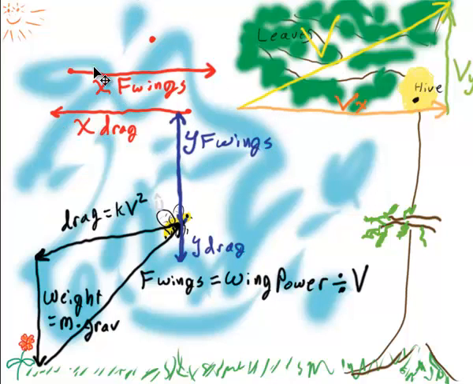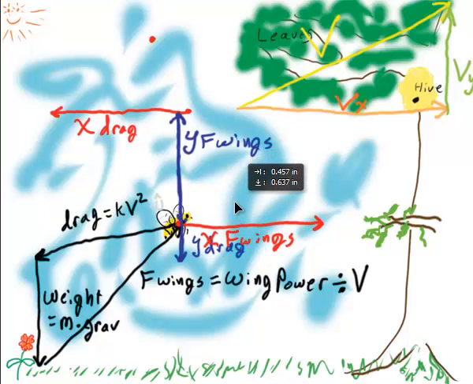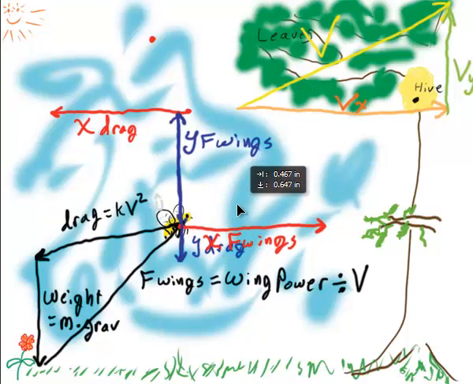And with the X again, we can do this in any order. Can start with the wings. You see, we're not back where we started because the X force of the wings is very significant. Now we'll add the X force of the weight.